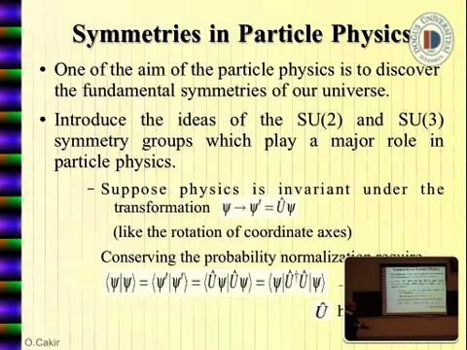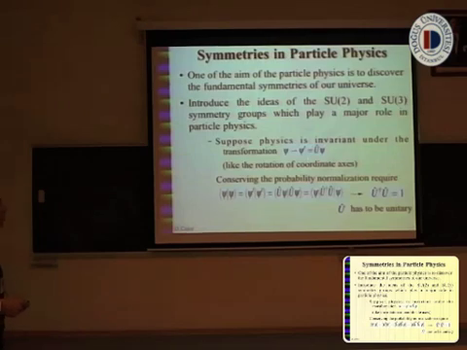Okay, we start with, for example, a wave function or spinor, and we can transform these according to some rules. Let's call it a unitary transformation here. Then physics will be invariant under this transformation, like the rotation of coordinate axes.